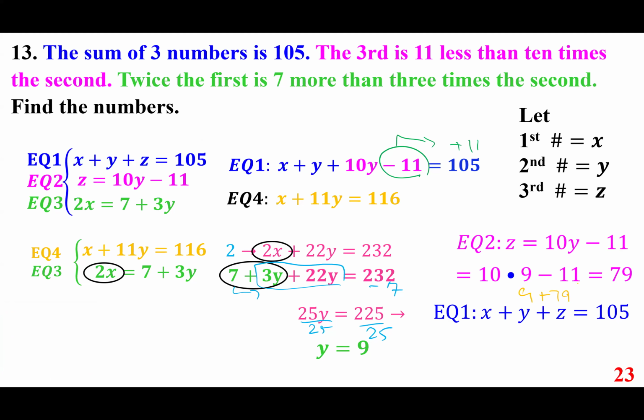Nine and 79, 88, subtract from 105, you get 17. And those are the three variables. X is 17, Y is 9, Z is 79. And the one you haven't checked with yet is equation 3. I highly recommend you do that.